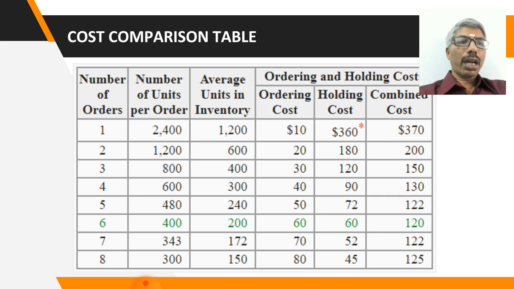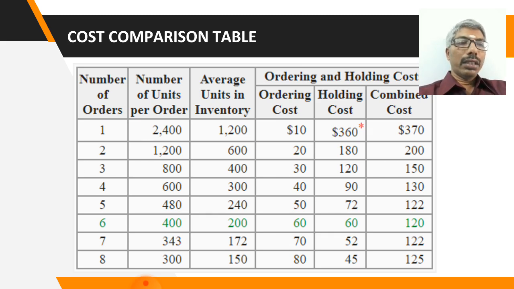And if you place 2 orders, our total cost will be 200, and if you place 3 orders, the total cost will be 150, and 130 for 4 orders, 122 for 5 orders, and 120 for 6 orders, that is the economic ordering quantity orders, and 122 for 7 orders, and 125 for 8 orders.